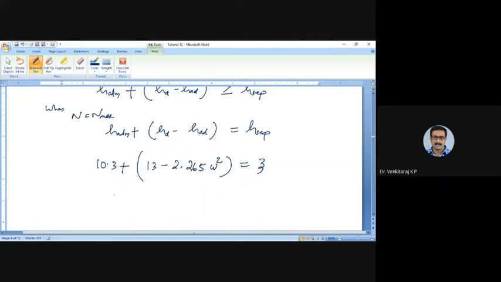Now we can solve this and obtain omega square equal to 8.962 per second.